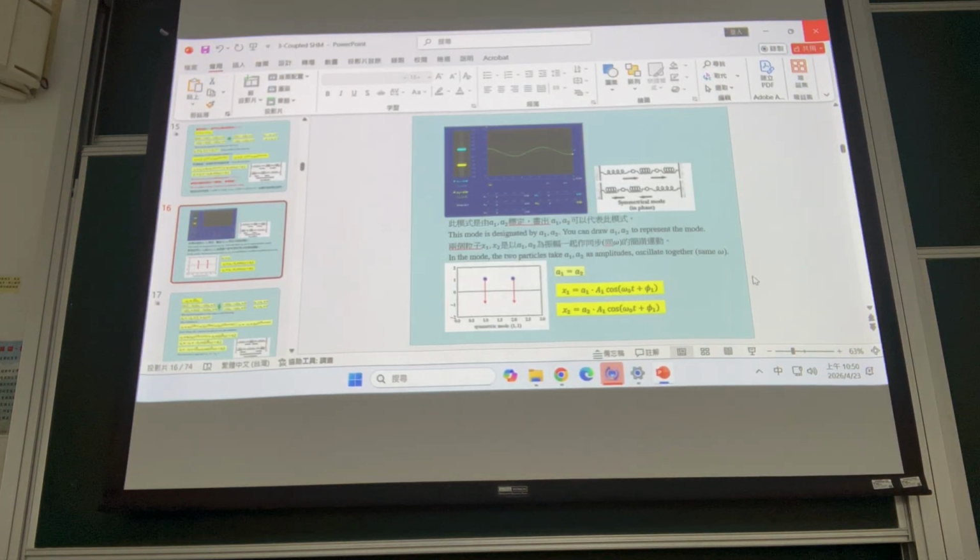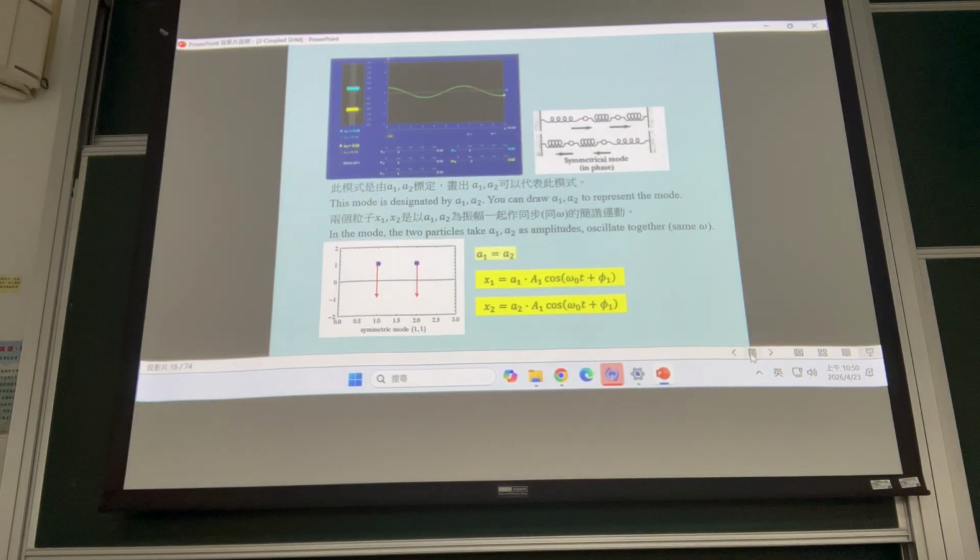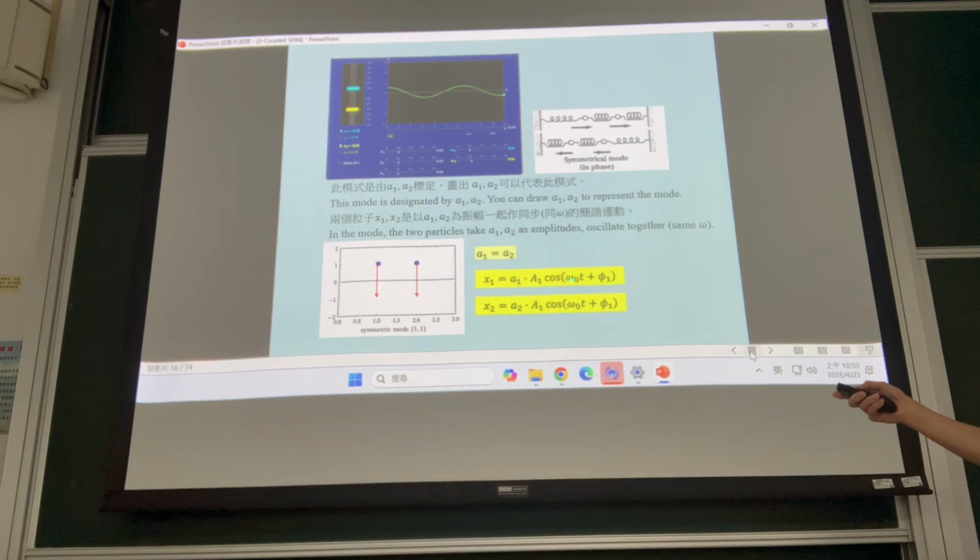It's obvious, okay? Let me write down here. The symmetric mode is so simple. x1 and x2 oscillate together. When they oscillate together, the middle spring does not change length. Therefore, they oscillate separately, so the frequency is equal to omega 0.